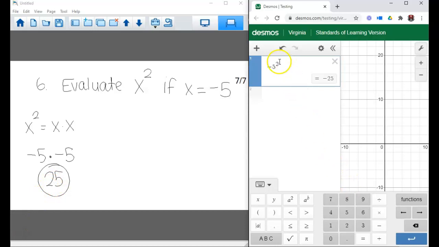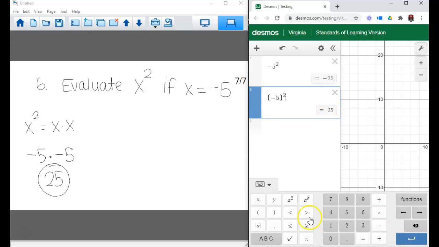The reason for that is the calculator only squares the 5. So it does 5 squared and gets 25 and then makes the answer negative. That's not what you want. So here's what you need to do to fix it. You are going to need to put parentheses and type the negative 5 inside of those parentheses. And then hit your a squared button. And notice now I'm getting the correct answer.